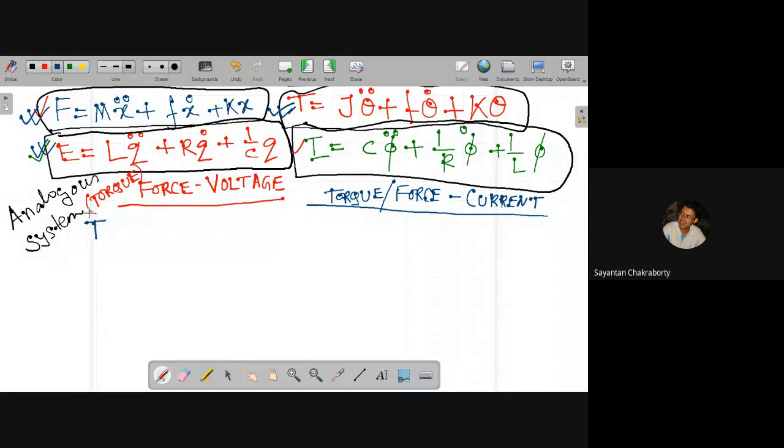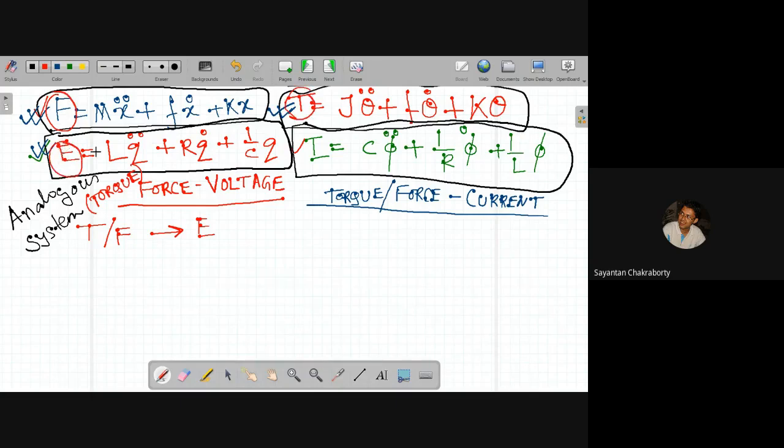It will be torque or force, and that will be replaced by voltage. See, force, torque will be replaced by voltage in electrical analogy.